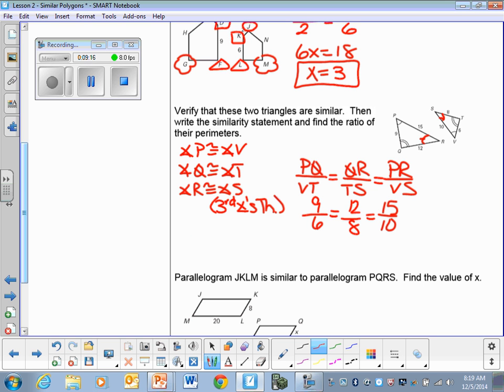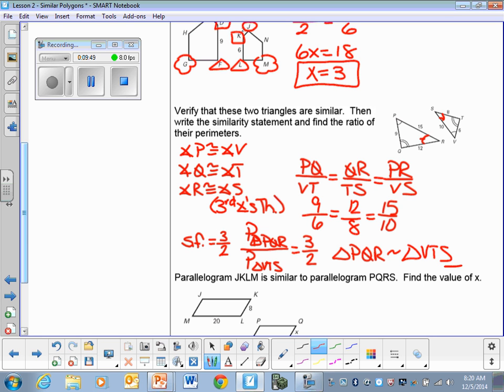So my scale factor is 3 halves. The perimeter of triangle PQR over the perimeter of triangle VTS is 3 to 2, and my similarity statement, triangle PQR is similar to triangle VTS.